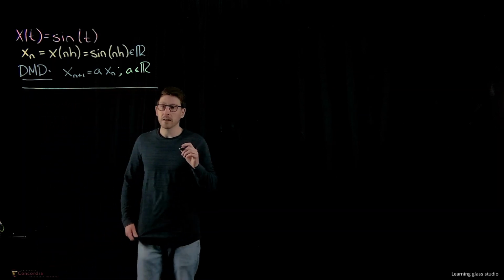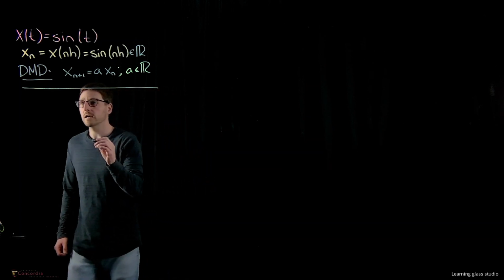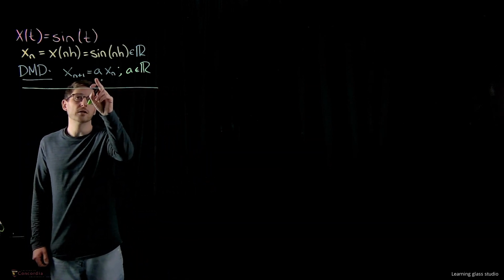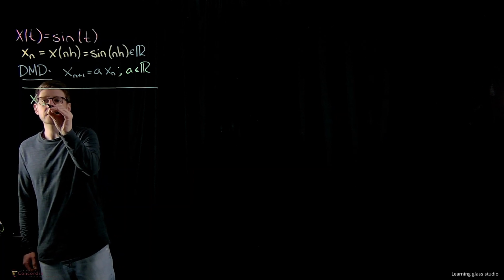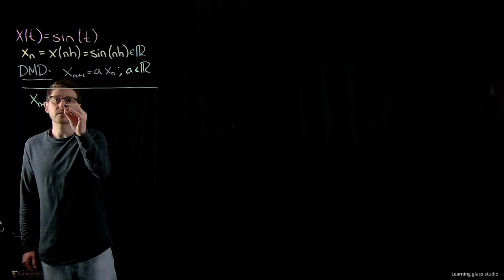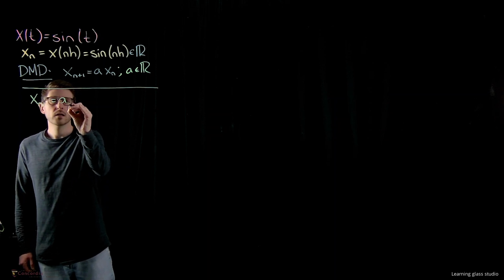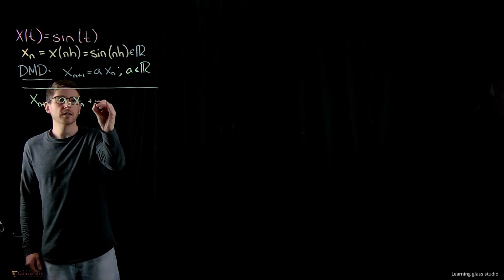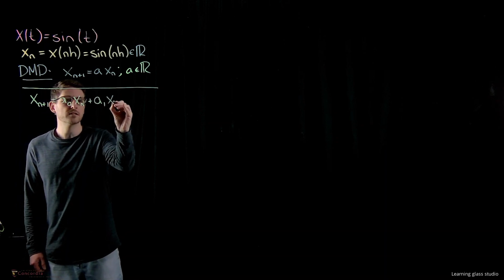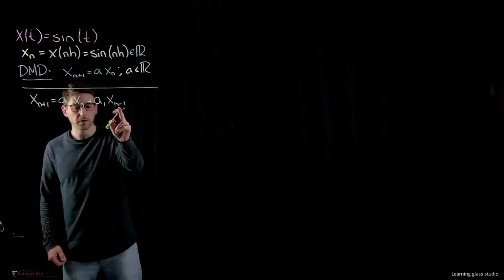The first method that we're going to look at is we're going to say, instead of just fitting a single real number here, what I could do is look for the next time step as some real number times the current time step, plus another real number times the time step before that.